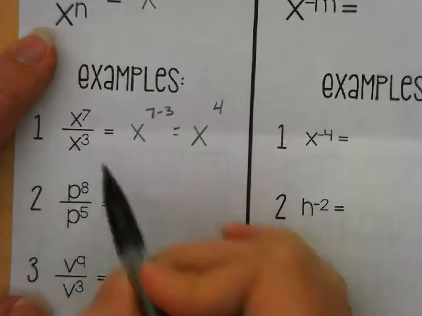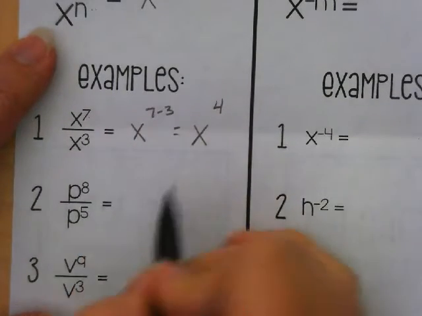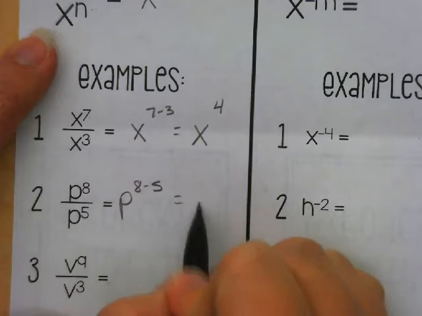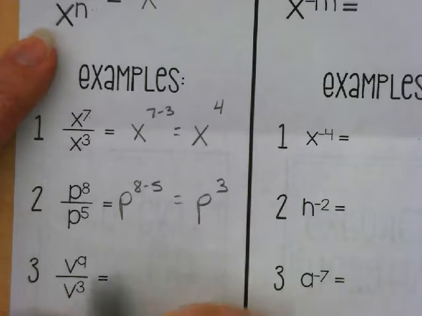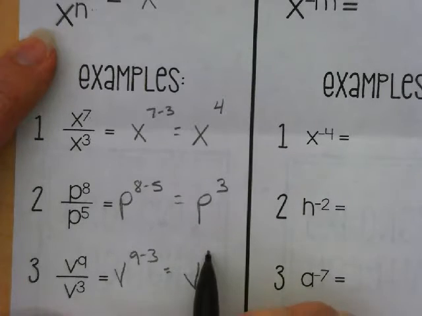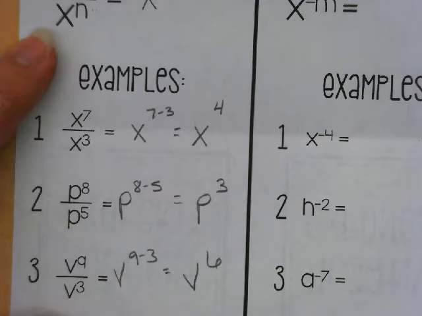Okay? Don't write 3 minus 7. That's going to mess everything up, right? 8 minus 5, you should get p to the 3. And 9 minus 3, you should get v to the 6. Yes, do we feel okay about the quotient property?